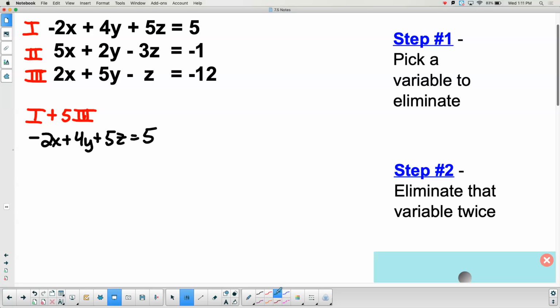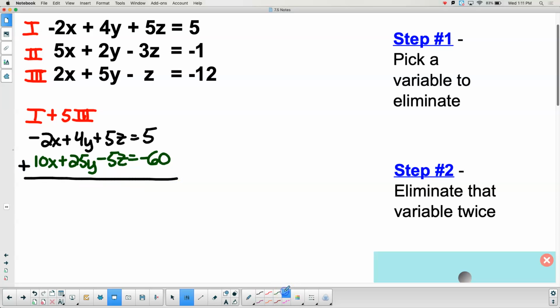And then I take 5 times equation number 3, that's 10x plus 25y minus 5z equals negative 60. Add them together, my z's go away, and that leaves me with 8x plus 29y equals negative 55, which we will then call equation number 4.